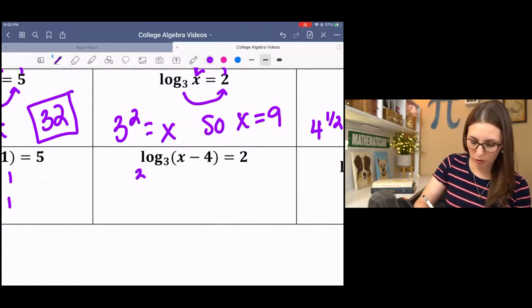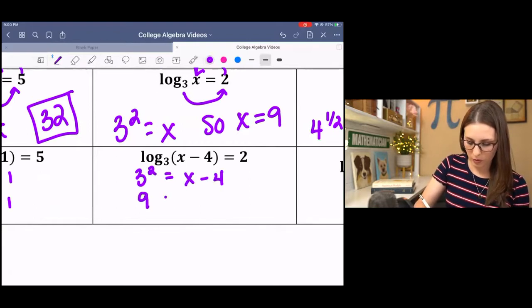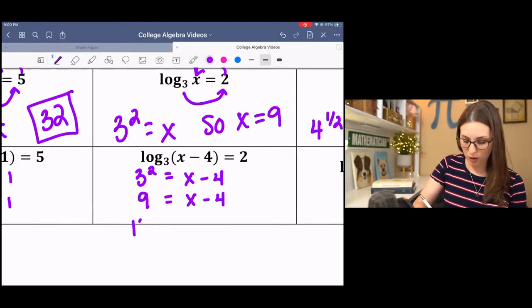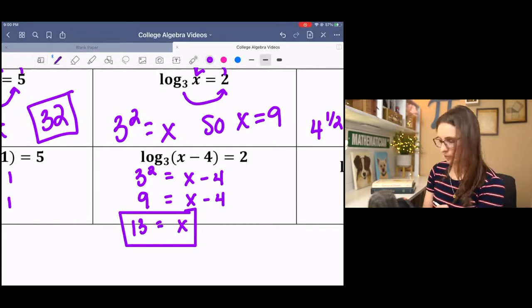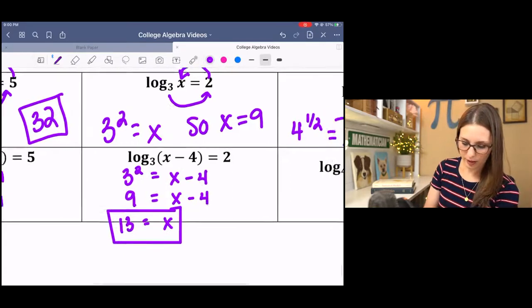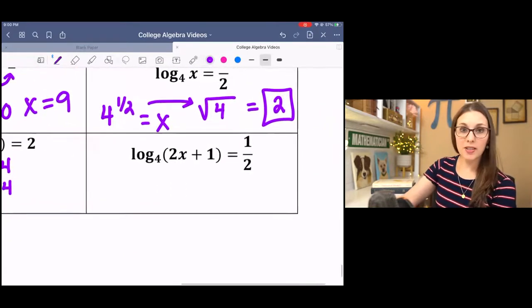You should get 3 squared equals x minus 4. So 9 equals x minus 4, add 4, and we get 13. Easy peasy, right? Last one, go ahead and pause it and try it, and then come back.